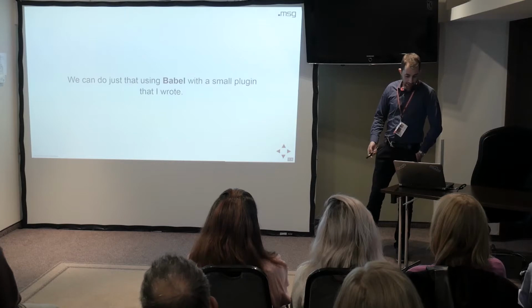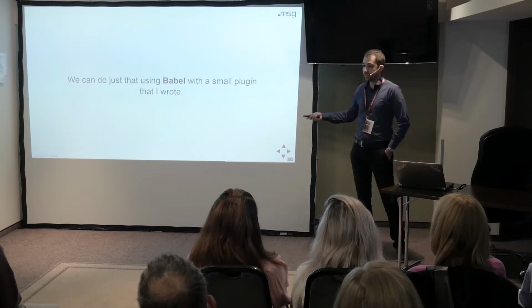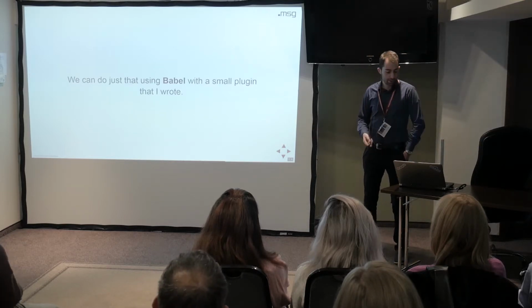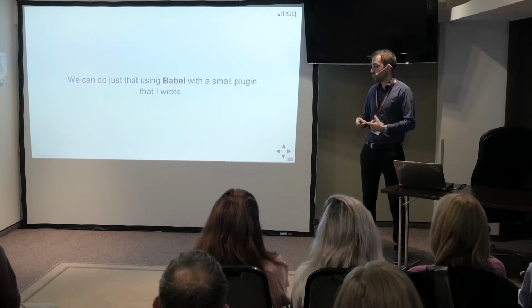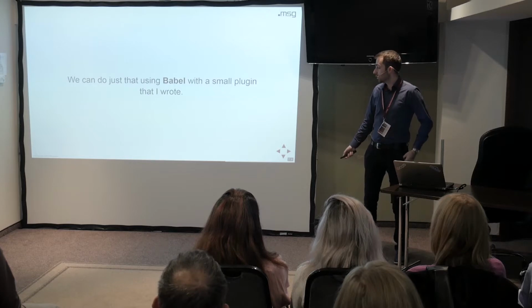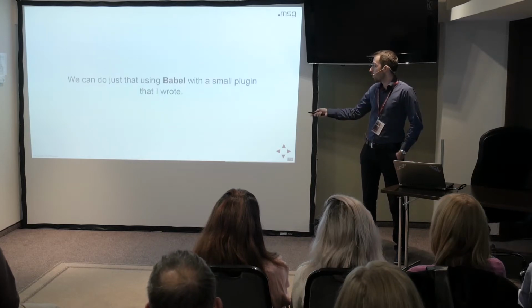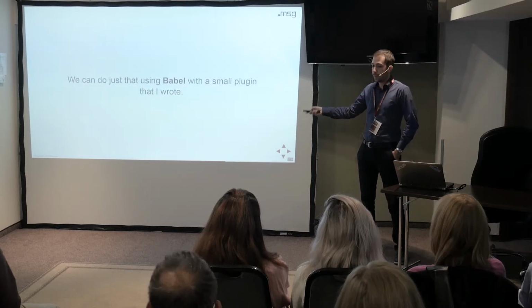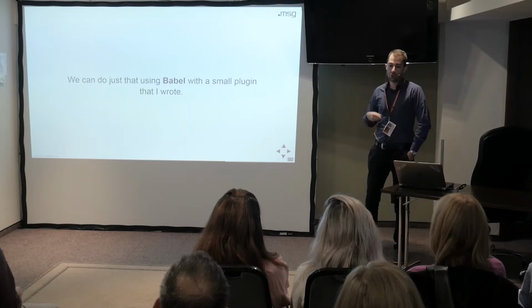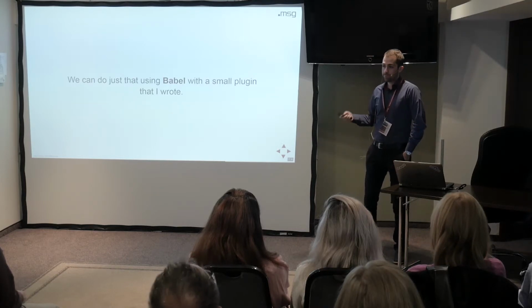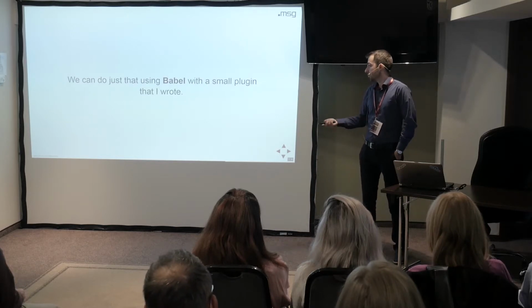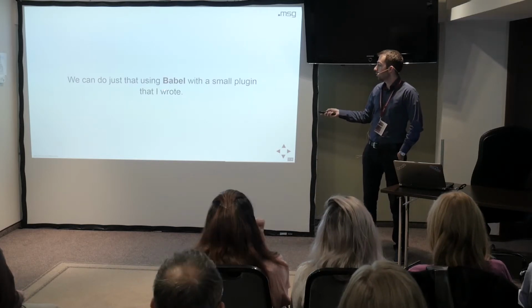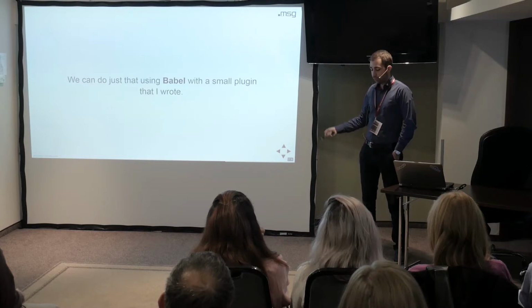Okay, and we can actually do exactly that. I wrote a small plugin which does this compilation from JSX to UI5 compliant code. And basically Babel, because I also wrote it here, Babel is one of the options that you can use to compile JavaScript code. So if you ever want to do some kind of advanced JavaScript application, Babel is a good way of doing this.